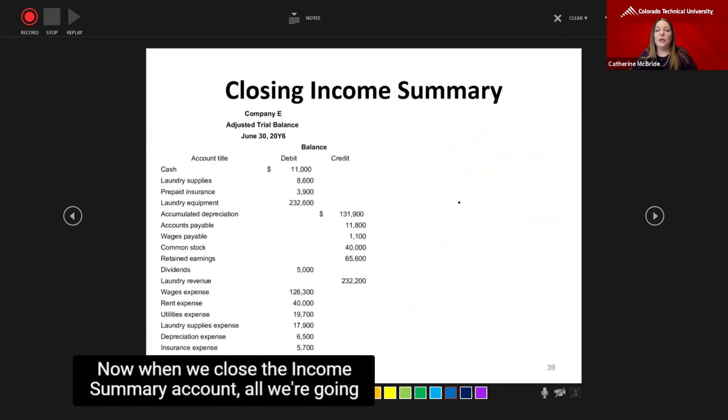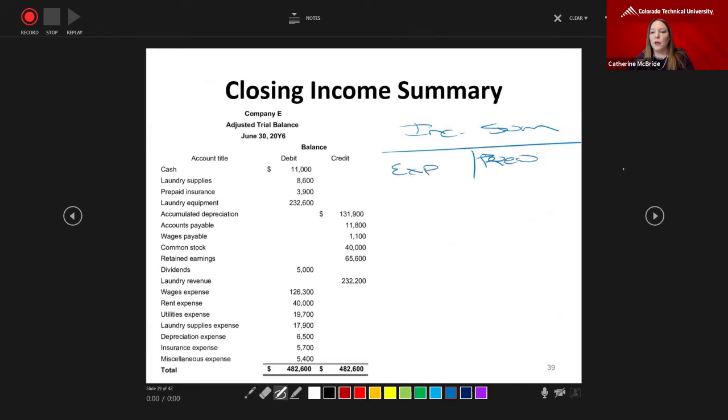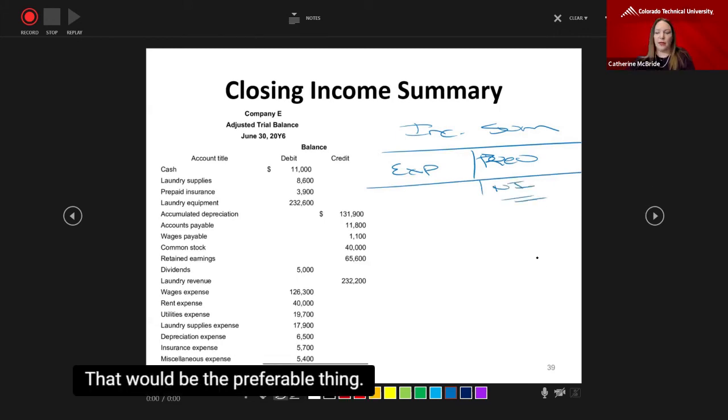Now, when we close the income summary account, typically, just like I said before, because revenue is on one side and this side is an expense, hopefully we end up with net income, right? That would be the preferable thing.